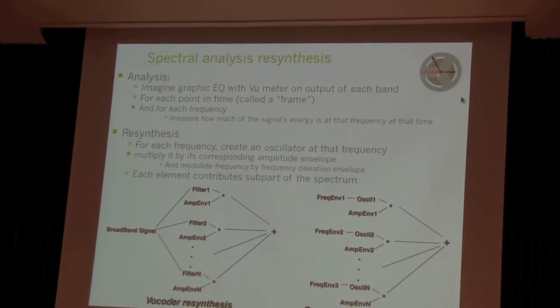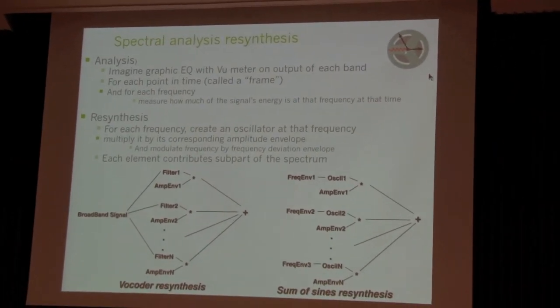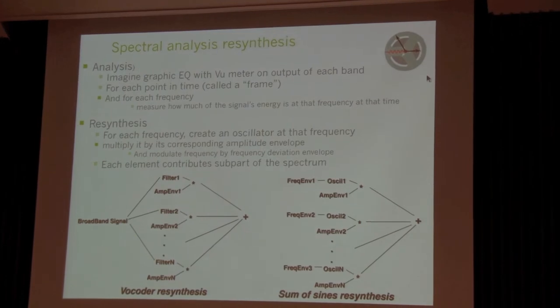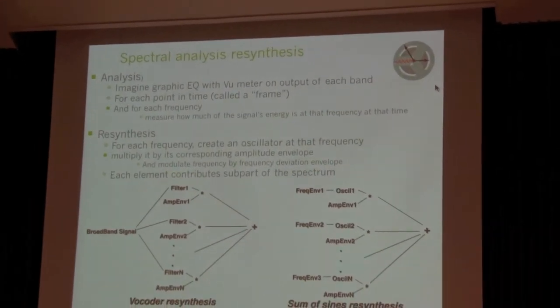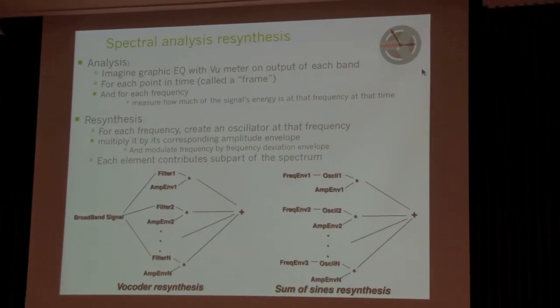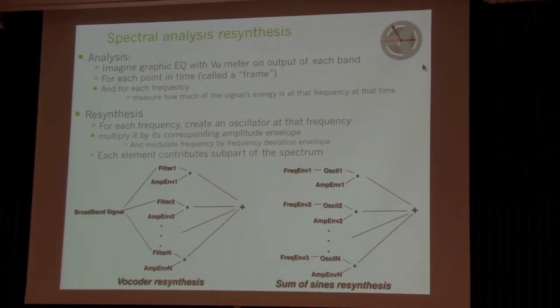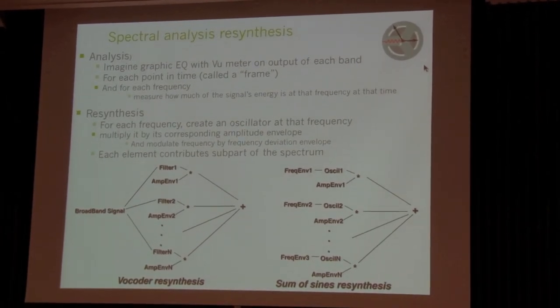So the vocoder is tracking the amplitude envelope in each band. What if you could track both the amplitude envelope and frequency deviation in each band? That's the idea behind doing this spectral analysis.